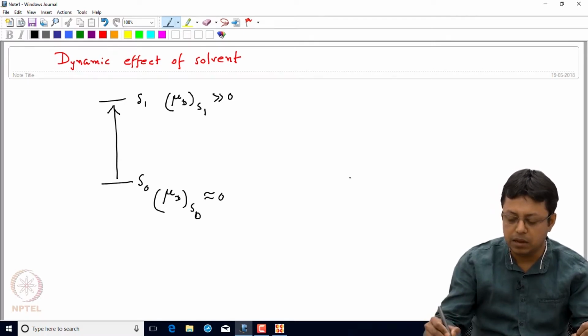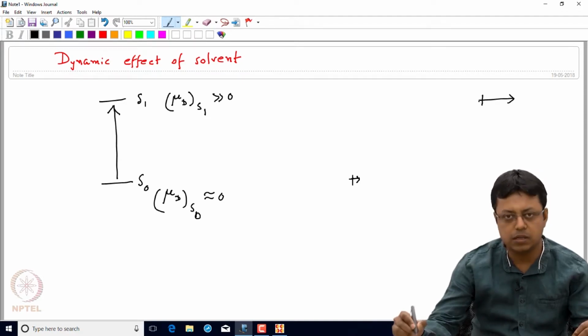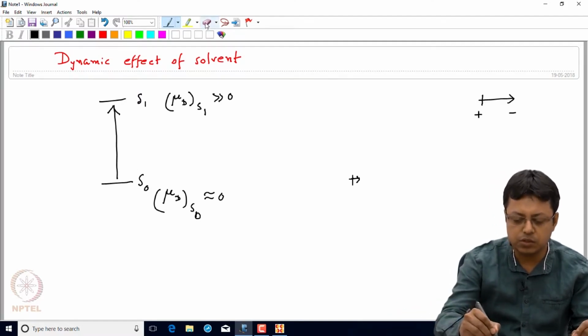Now we can draw a picture something like that. Suppose in the ground state I have a very small dipole moment. Usually the notation for the dipole moment is shown as an arrow, and we put a cross here. Some people do not write this cross, just to show the positive and negative end. There are also other conventions.